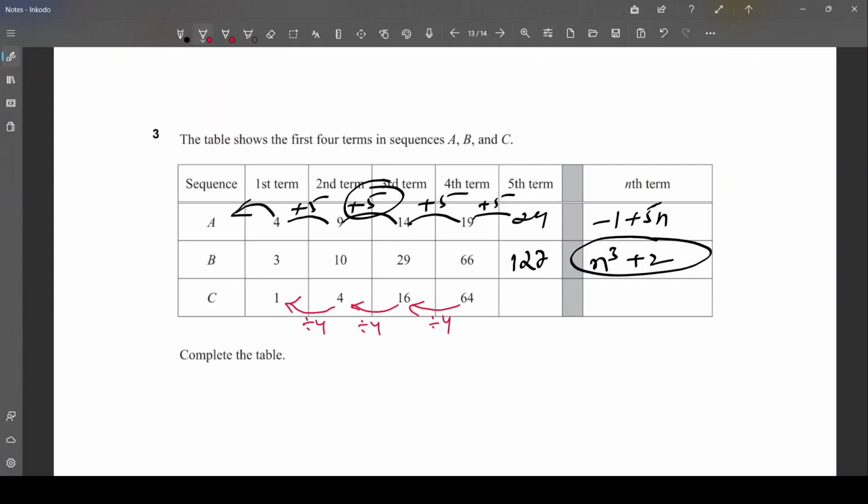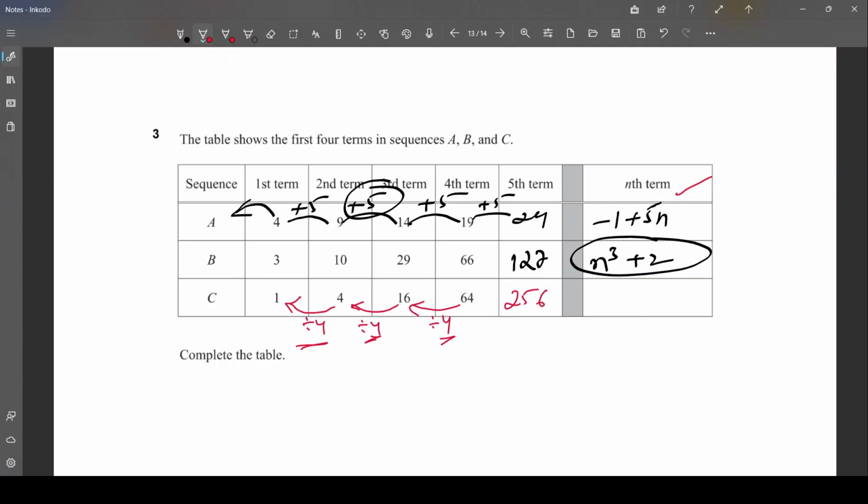So what will be the next term? 64 times 4. 4 4s are 16, and 24, 25, 256, right? 64 times 4 is, yeah, 256.